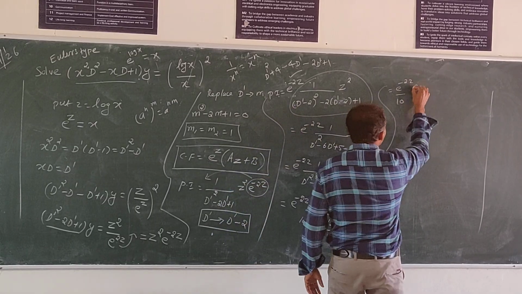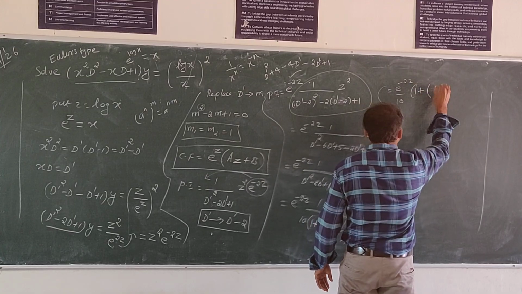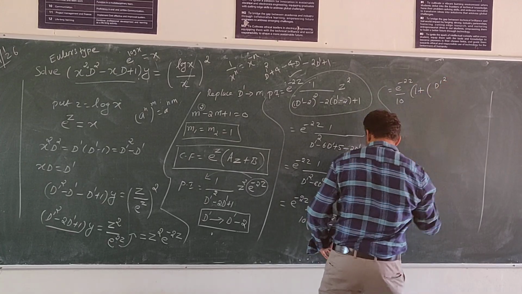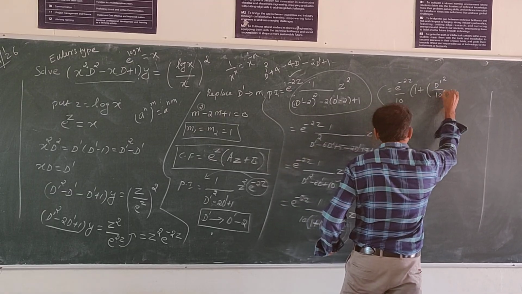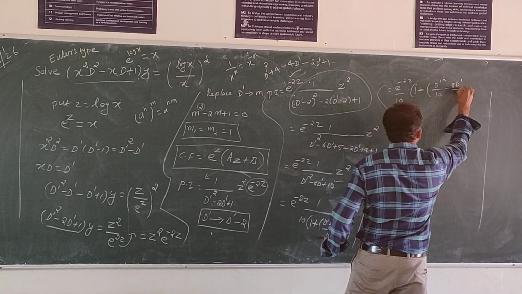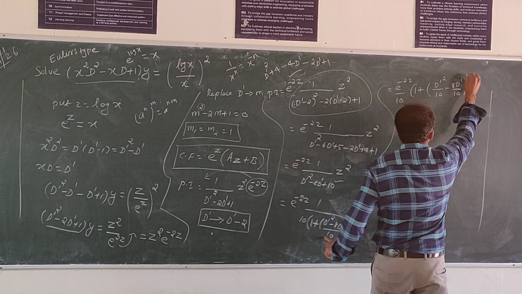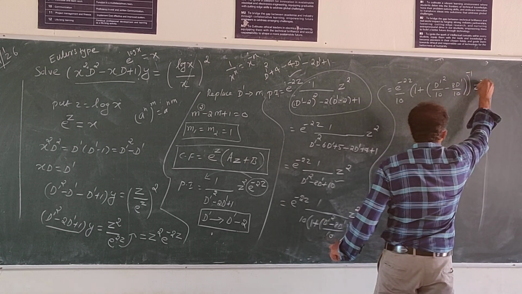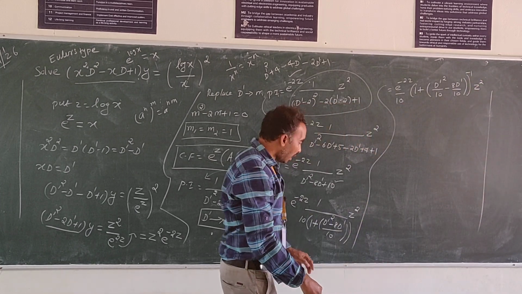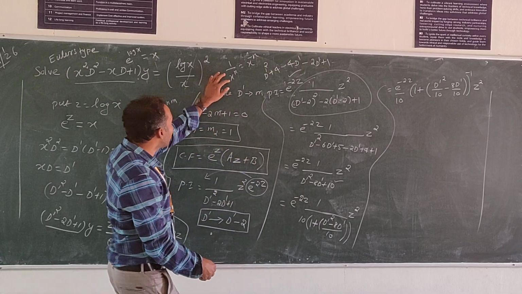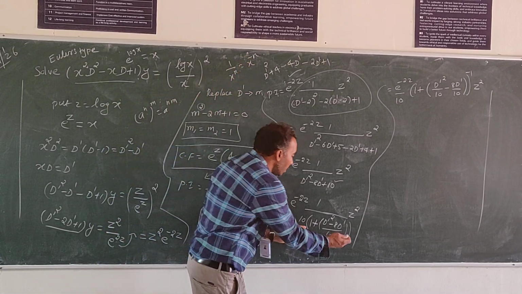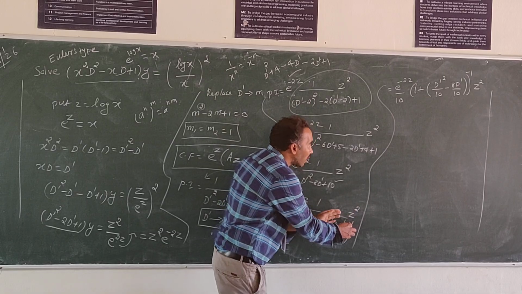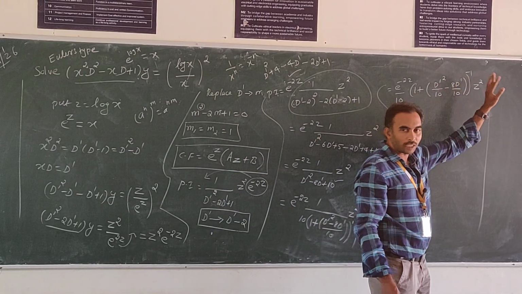So we will get 1 plus d dash square divided by 10 minus 8d dash divided by 10, whole inverse z square. Already I explained, 1 divided by x power n can be written as x power minus n. So if we bring this term to the numerator, the power is 1, so that will be minus 1.